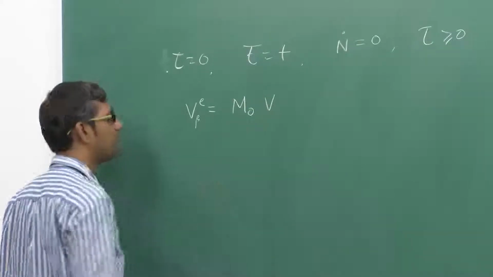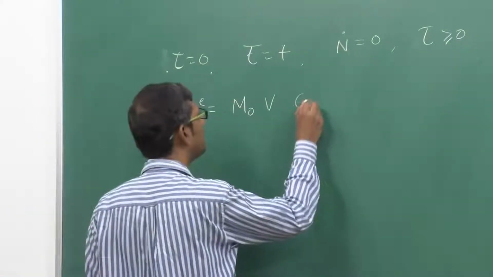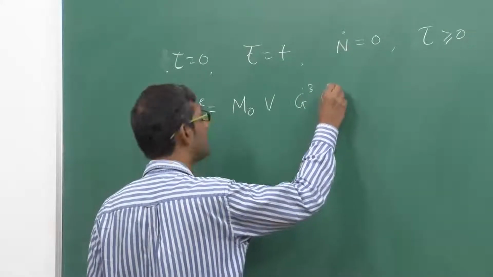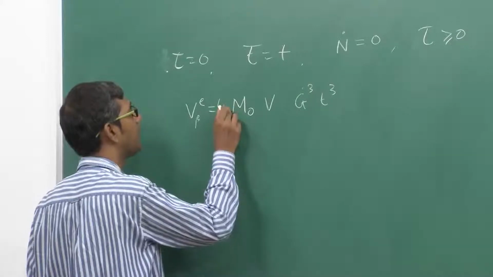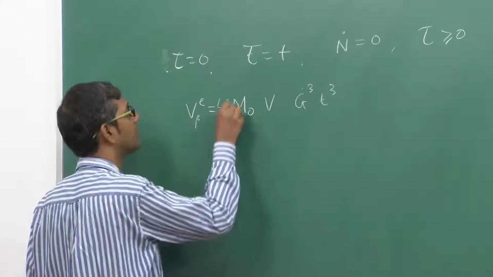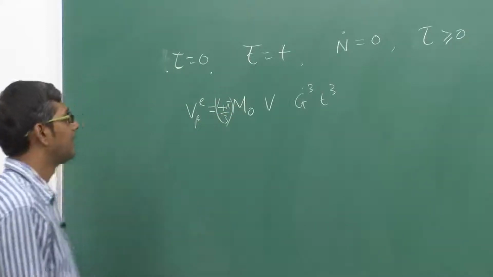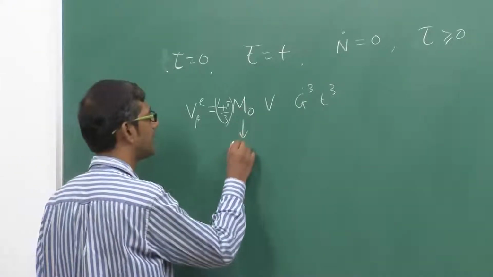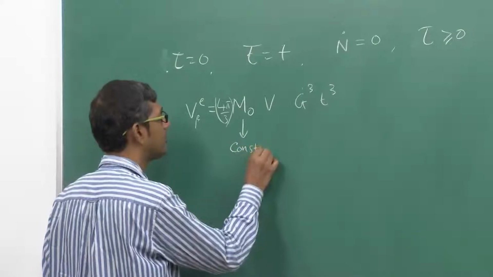I will tell you what, multiplied by volume V, then G dot to the power q, t to the power q, and this has to be multiplied by 4 pi by 3, a constant term. Okay. So, why is it so? Here N0 is the constant nucleation rate, it is not changing.